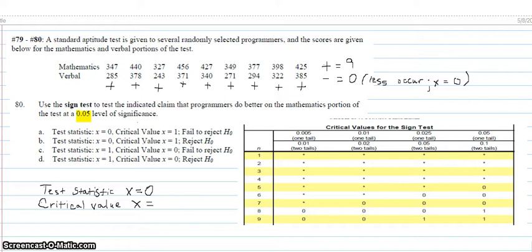Okay, there are 9 selected test scores. So the table is listed off to the right, and you want to go down. Your n is 9.